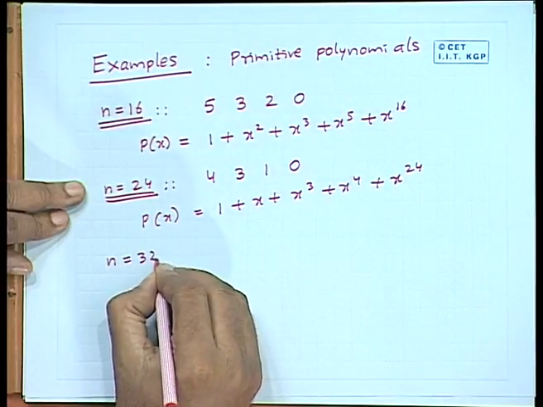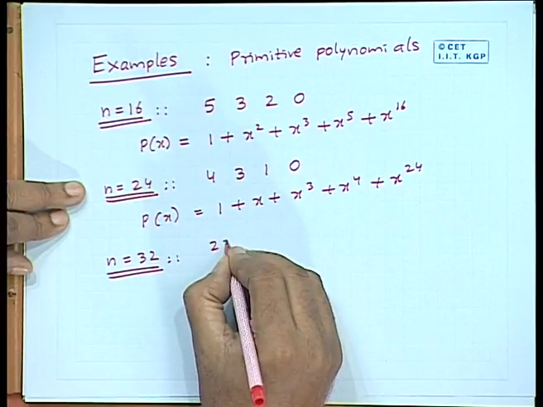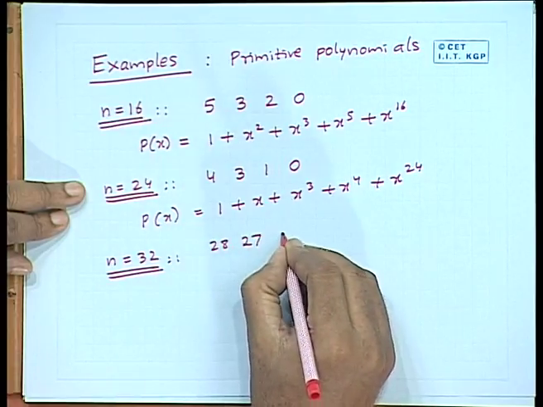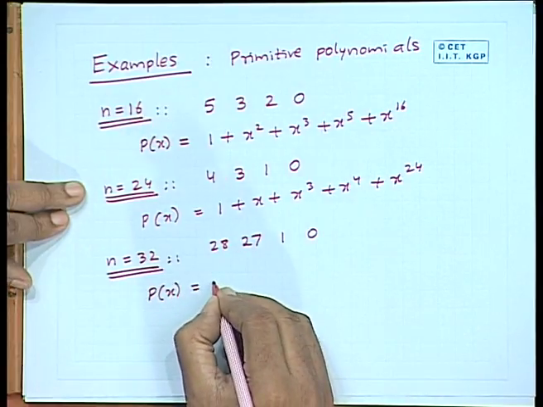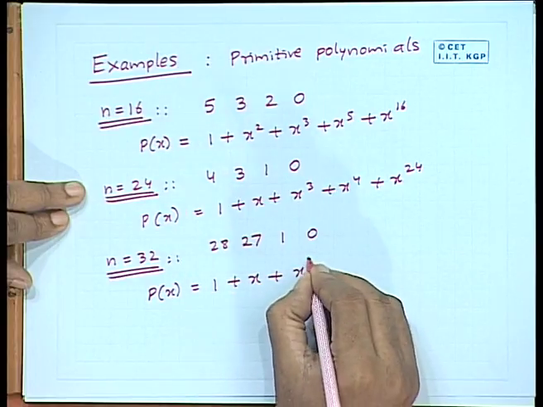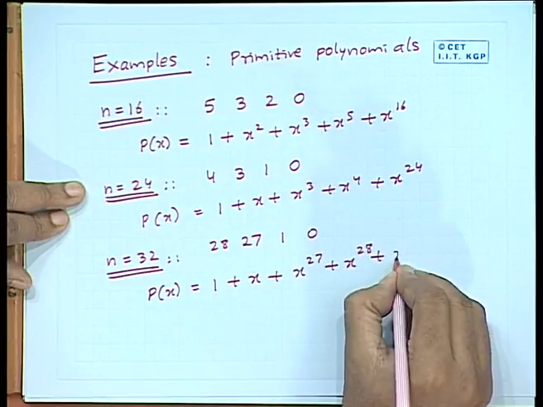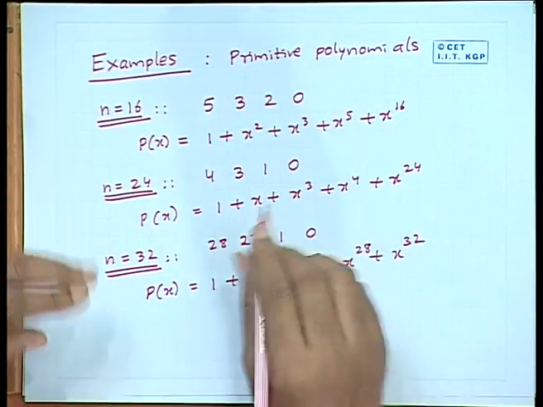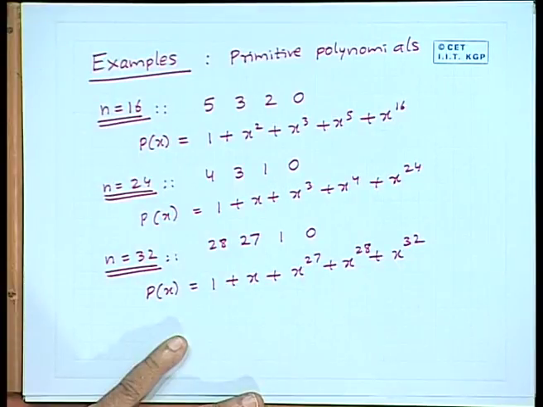Say n equal to 32: 28, 27, 1 and 0. For this p(x) is 1 plus x plus x to the power 27 plus x to the power 28 plus x to the power 32.